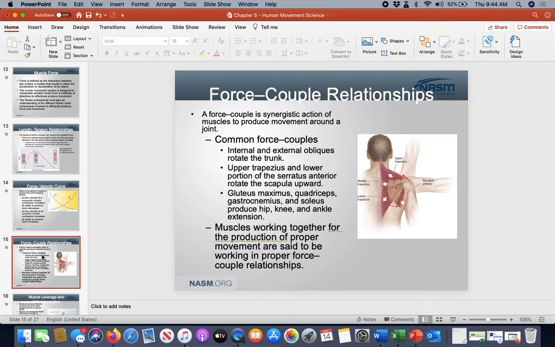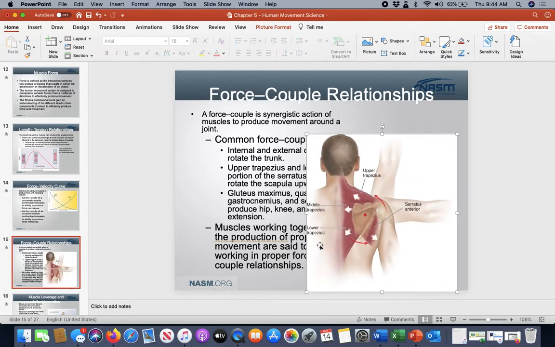What you're looking at here, I'll just blow it up quickly. This person is looking to go, this is actually true, not horizontal, this is actually true shoulder or scapular abduction.